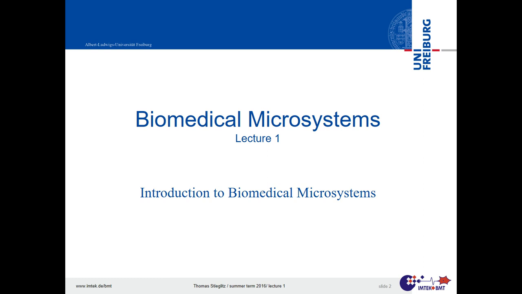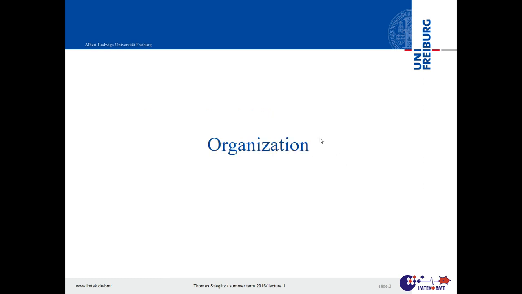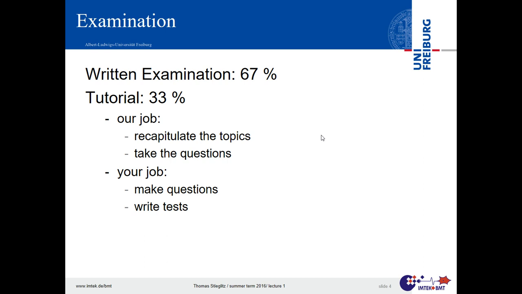And I like to start with some boundary conditions about the organization of this course. There will be a written examination at the very end in the examination period. I should know the date. I already put that in the schedule, but I forgot to put that on the slides, so I can tell you next week, or you check it up in the HIS-in-1 system.